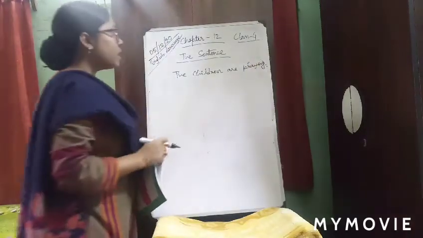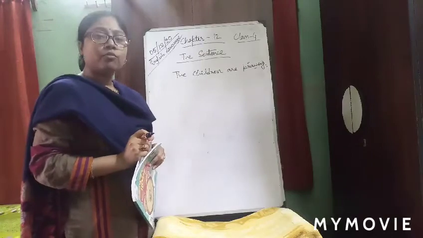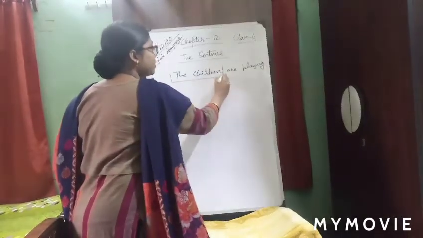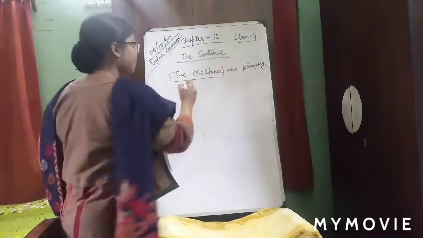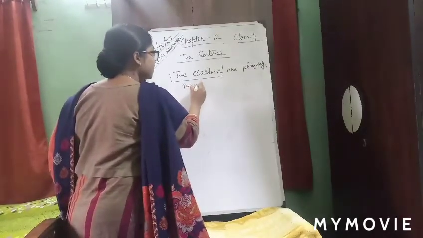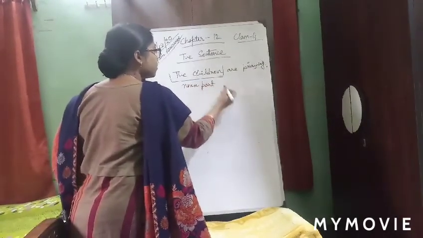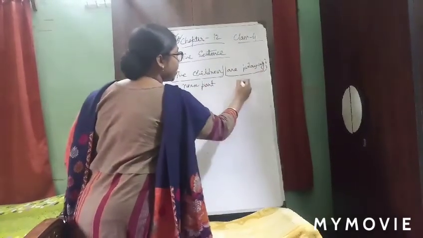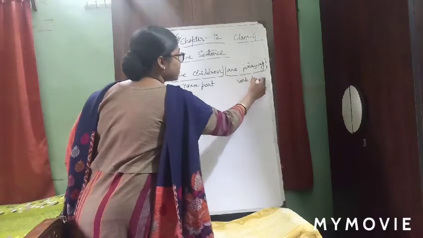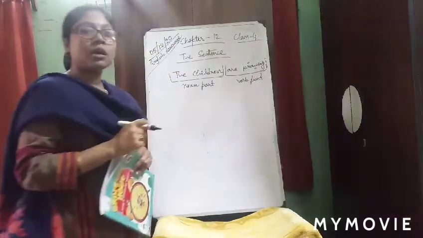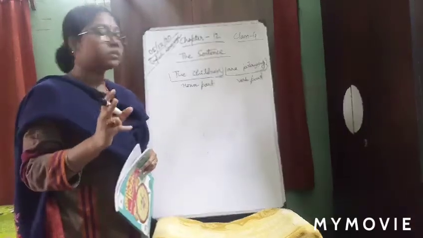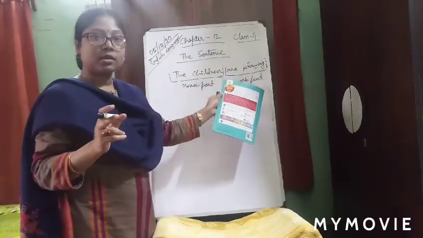Now, you see here, the part before the verb is known as the noun part, meaning noun and pronoun. Two parts of a sentence we have to make clear here, the noun part and then the verb part. We have discussed that the important thing about a sentence is that it has two parts, the noun part and the verb part.